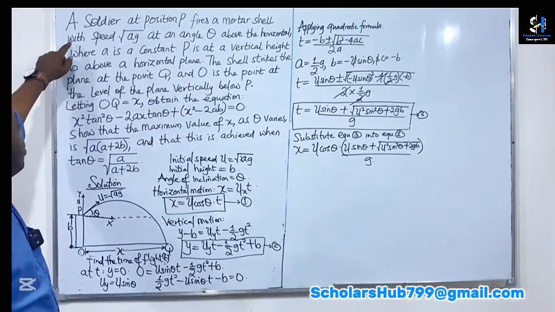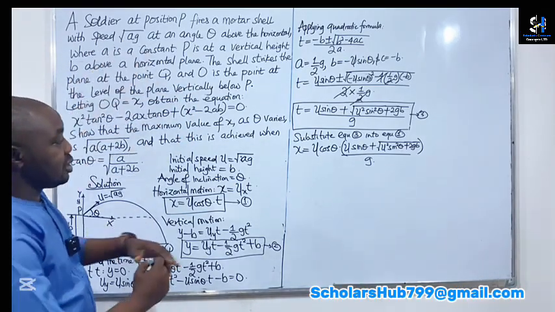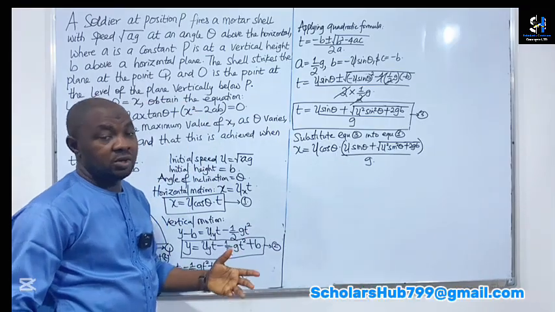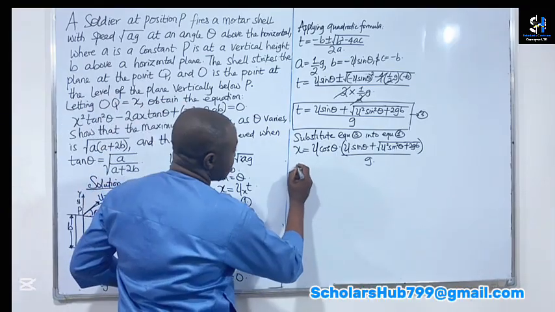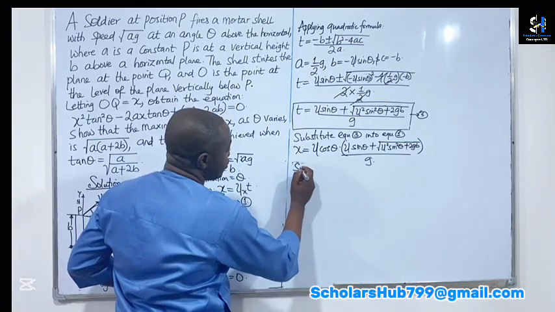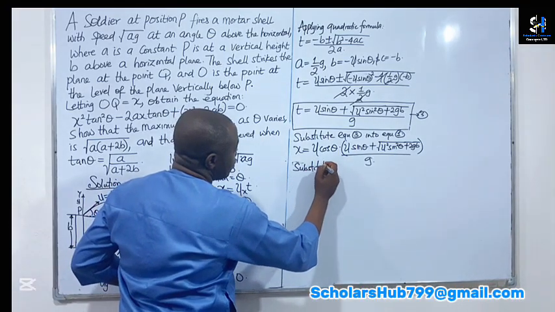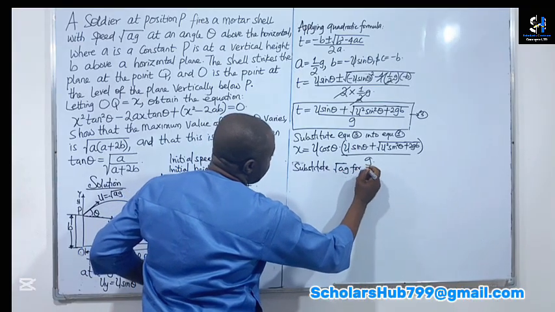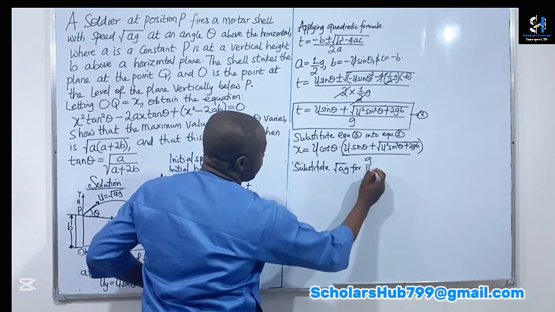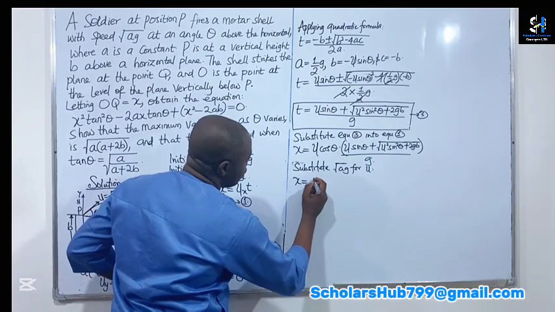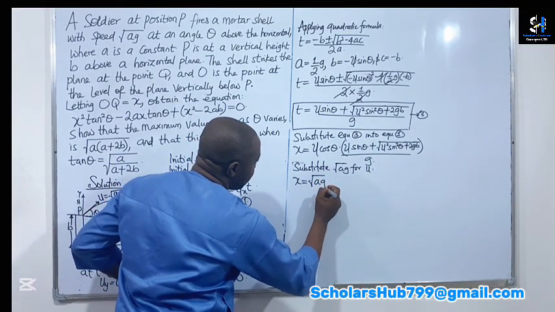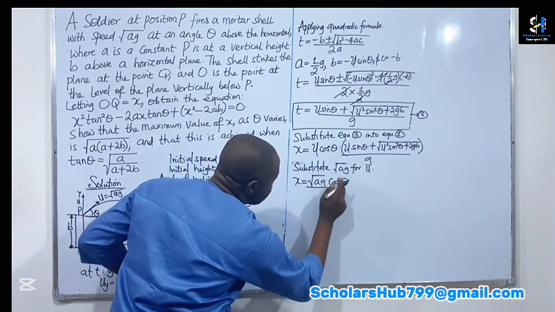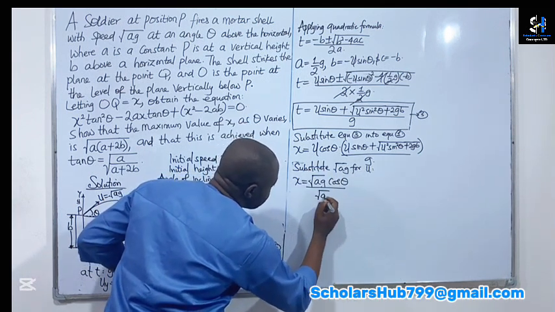Now, let's recall from the question that the soldier at position P fires a mortar shell with speed root ag. That means we can now substitute root ag for u, the velocity of projection, that's the speed. Then we have x equals root ag cos theta divided by, I'm going to bring this under it, root g squared.